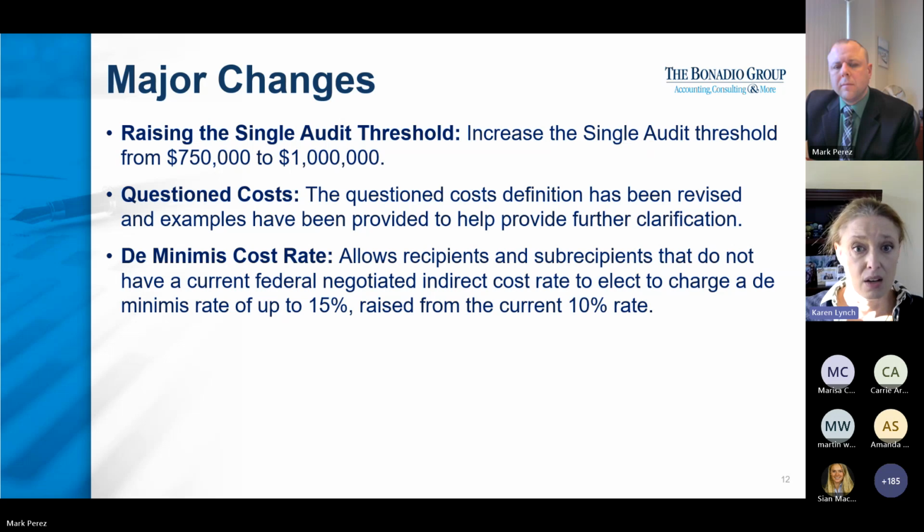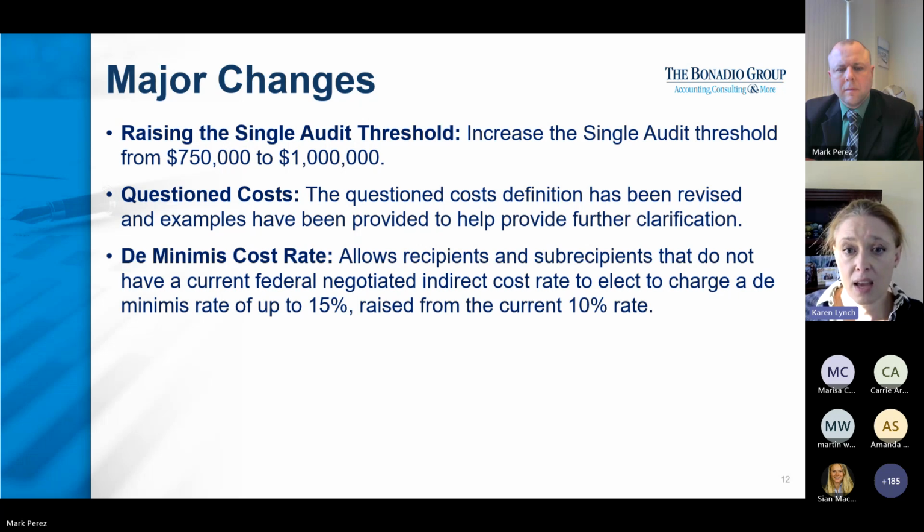Where are you at? Because if you're one of those organizations that maybe over the past few years had received a significant amount of ARPA funding, the COVID funding, you may or may not be getting up to that $1 million threshold as some of that funding is starting to trickle off. You'll definitely want to look at that and make sure you're having conversations to determine if you are going to be susceptible to the single audit requirement going forward.